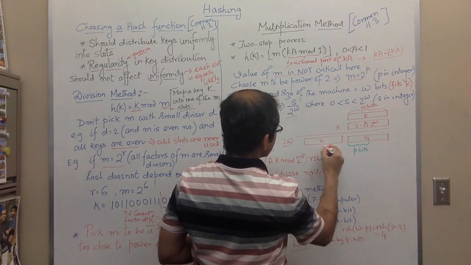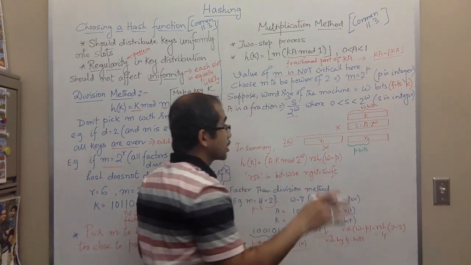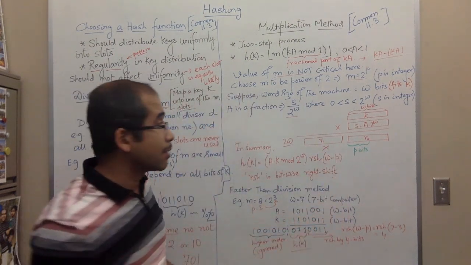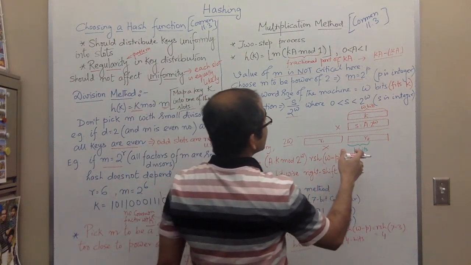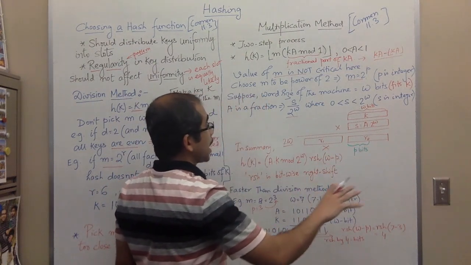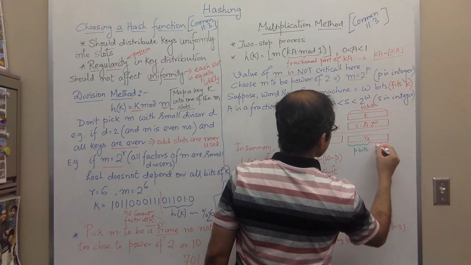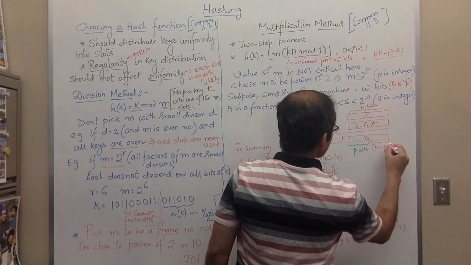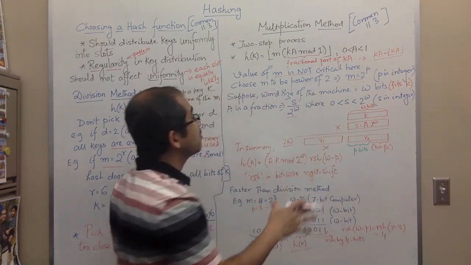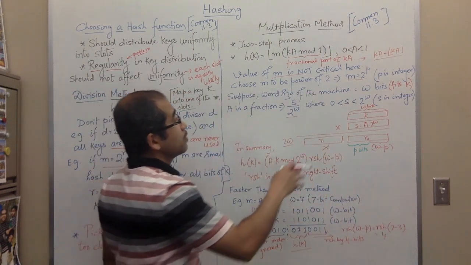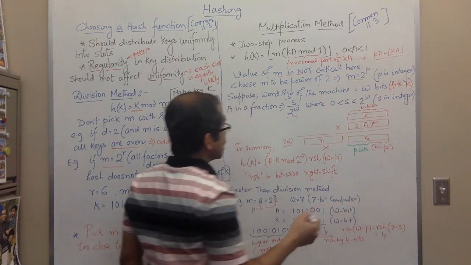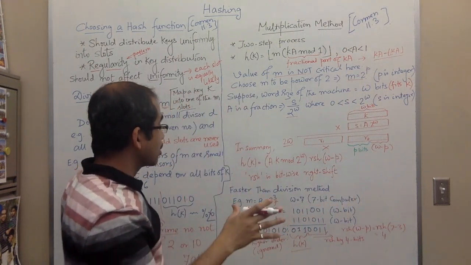The upper part is not considered, only the lower part, the least significant w bits. We take w minus p bits and right shift. This leaves the p bits, the more significant p bits, which we need because m equals 2 to the power p. That is the part of interest.